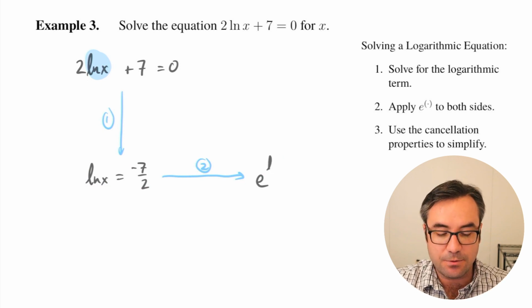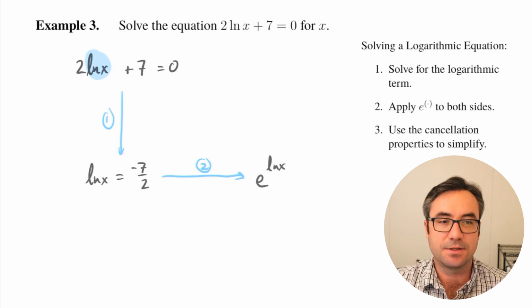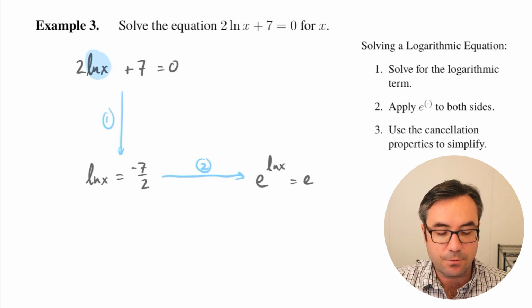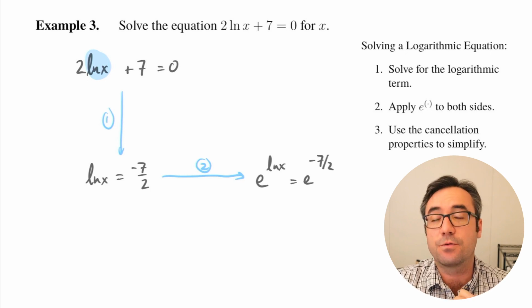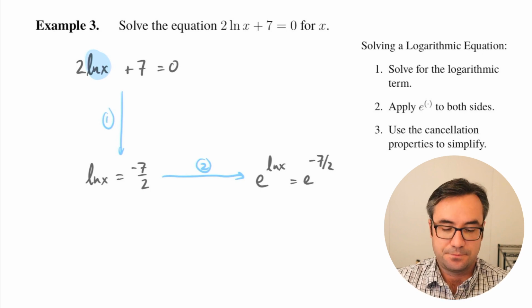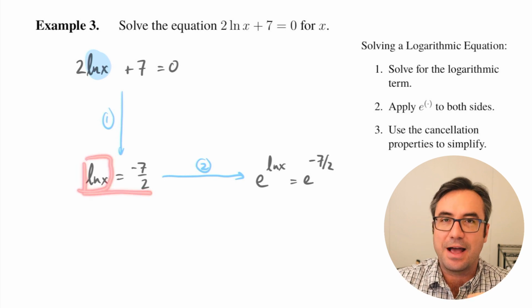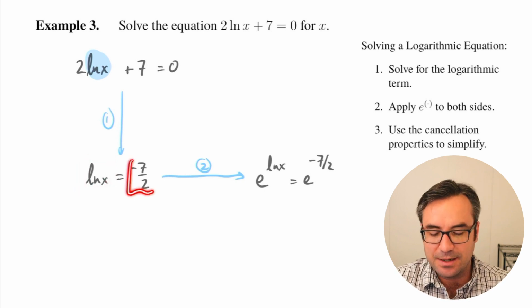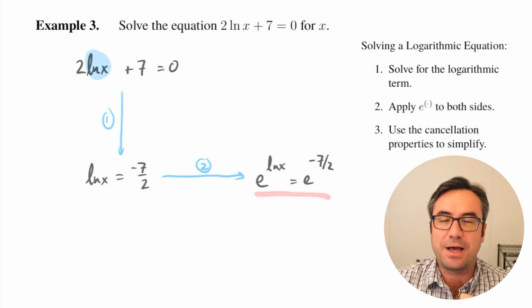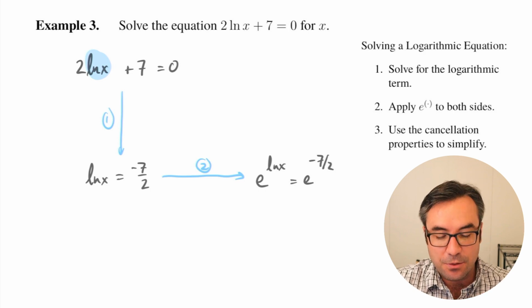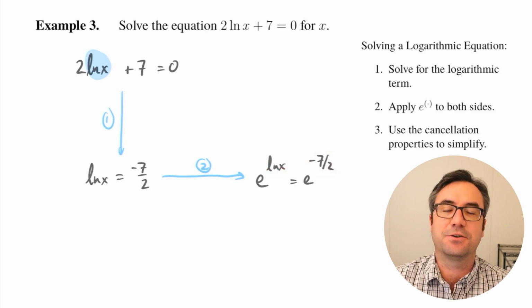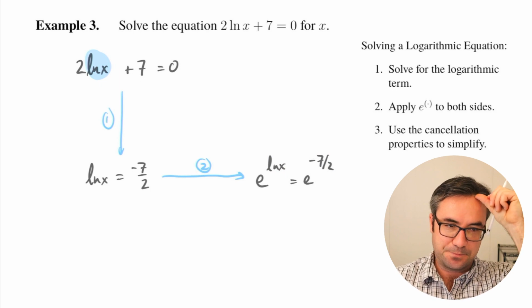So it's going to be e raised to the natural log x is equal to e raised to the negative 7 over 2. So in this equation, these terms were all kind of like on the main level of the equation. And now once we apply the exponential function to both sides, those terms went upstairs. They're now in the exponent.